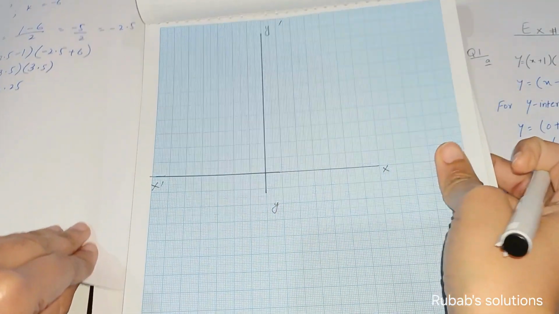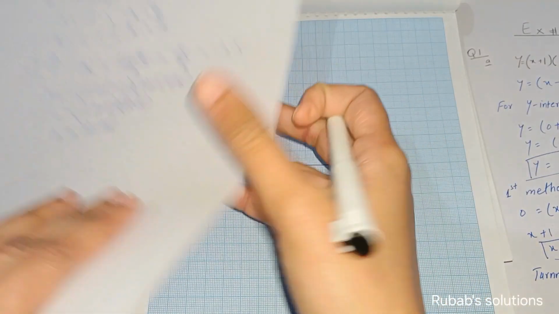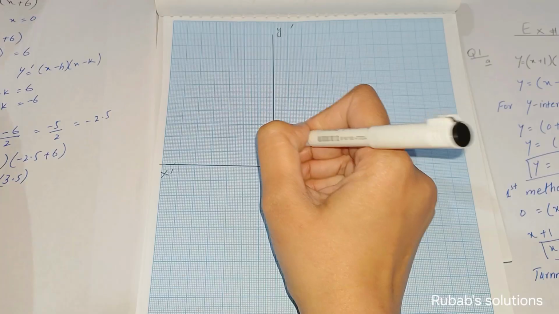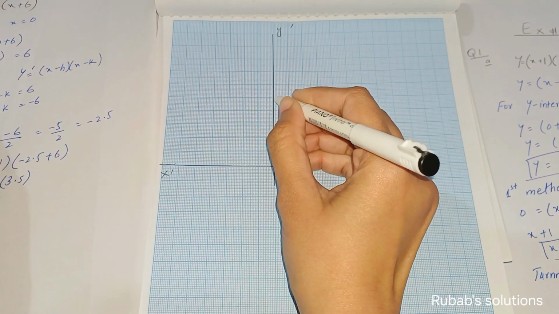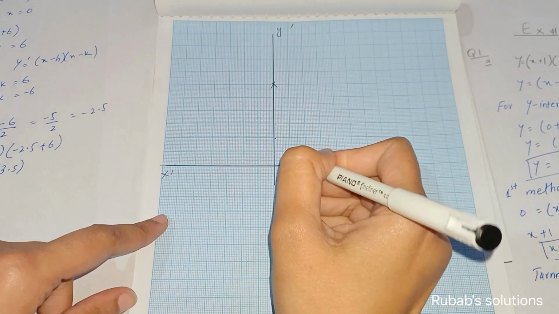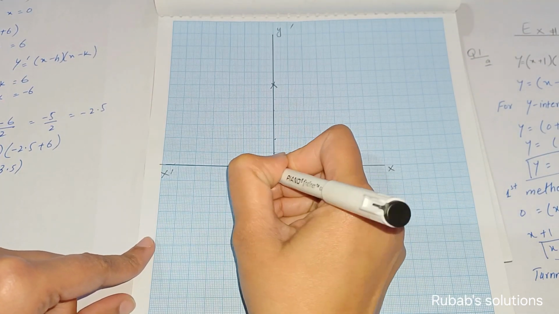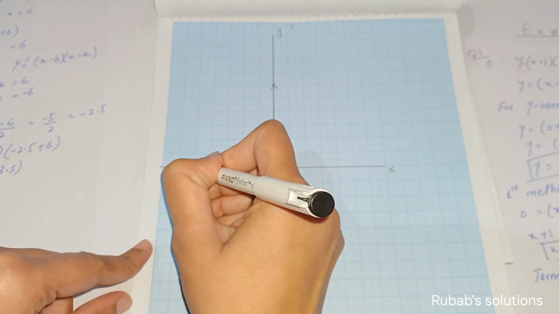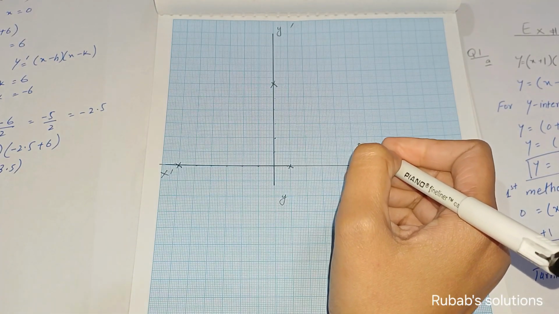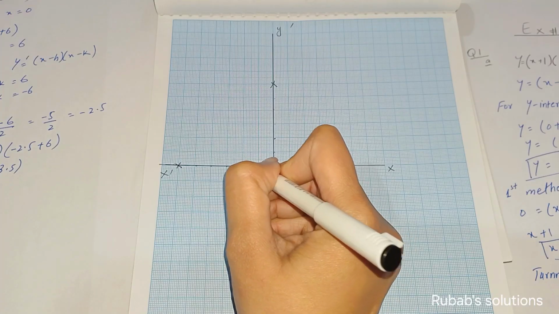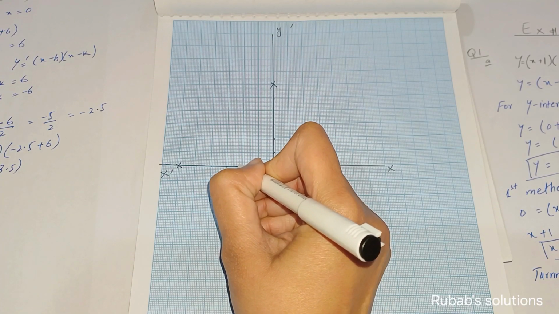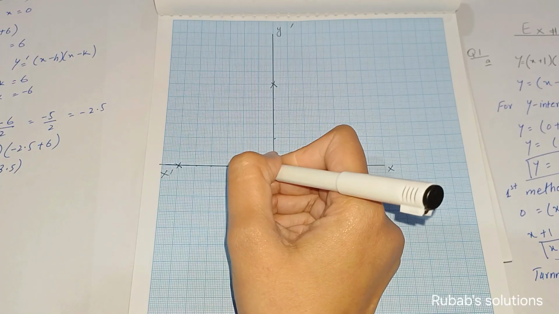Okay, the y-intercept value, hopefully you can see that the y-intercept value is 6. So first of all 1, 2, 3, 4, 5, 6, this is my point. Second is x-intercept 1, this is a point, and minus 6, 1, 2, 3, 4, 5, 6, this is a point. And the turning point is minus 2.5, so this is 1 and 2, so somewhere here it is minus 2.5, and 12.25.